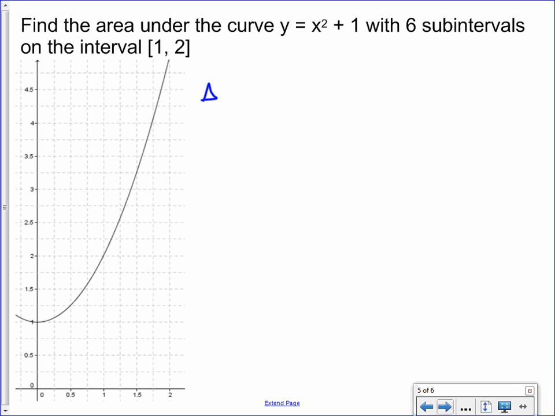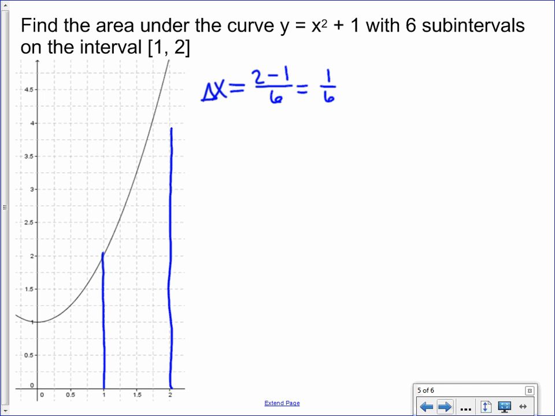So our thickness, height, however you want to think of it, when we take 2 minus 1 and divide it by 6, we get 1/6. Okay, we're finding that area right there.